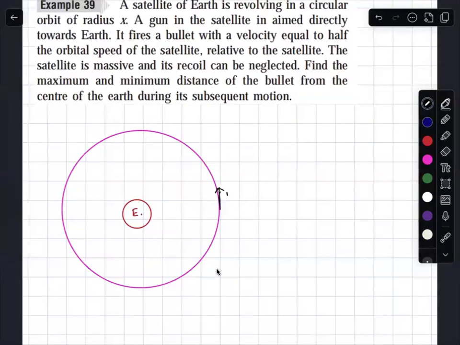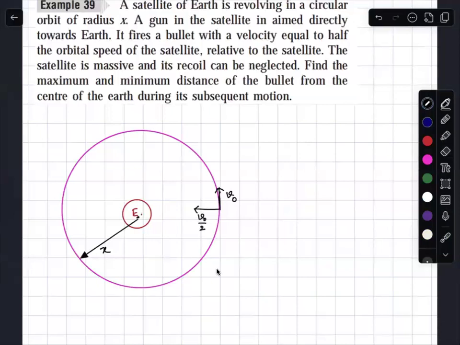the satellite is moving with orbital velocity V0, and remember, the radius is x. Now you are projected with V0 and speed V0 by 2 towards Earth.